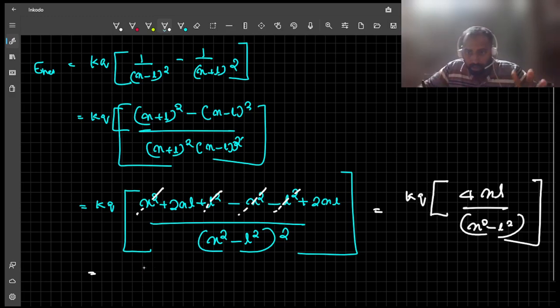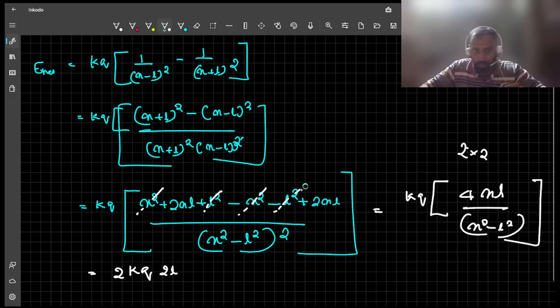We are getting this equation, but I am making a small arrangement. K into, I'm writing this 4 as 2 into 2. So I am getting like this, 2 into qL into 2x divided by x square minus L square.